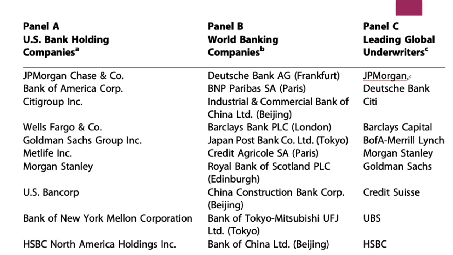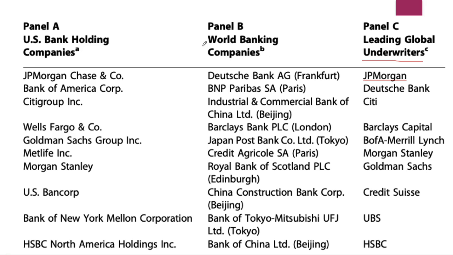For example, JP Morgan, Deutsche Bank, Citi, Barclays, Merrill Lynch, Morgan Stanley, Goldman Sachs, Credit Suisse, UBS, HSBC. So these are leading global underwriters. They have all these investment banking branches actually, and they can help corporations to raise capital by issuing bonds or by issuing shares.